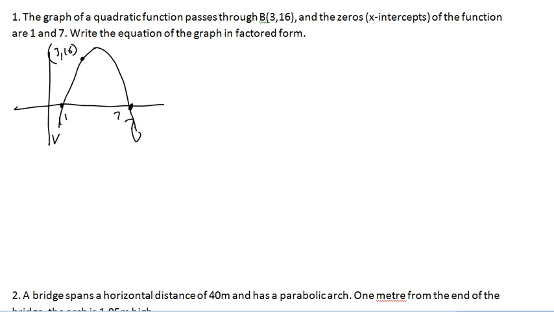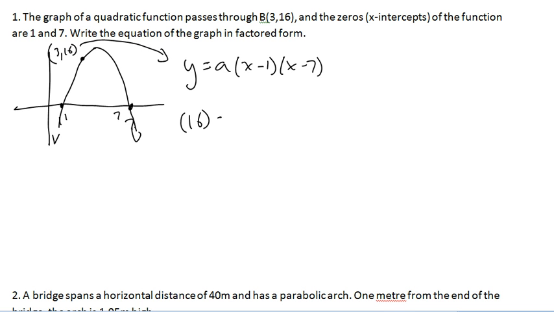Okay, so if we're going to write this in factored form, we won't know our vertical stretch factor, our a, but we will know that there must be an x minus 1 here because we have an x-intercept at 1, and this must be x minus 7 because we have an x-intercept at 7. So now if we just take this point, sub it into there, we can really quick, easy figure out what a is.